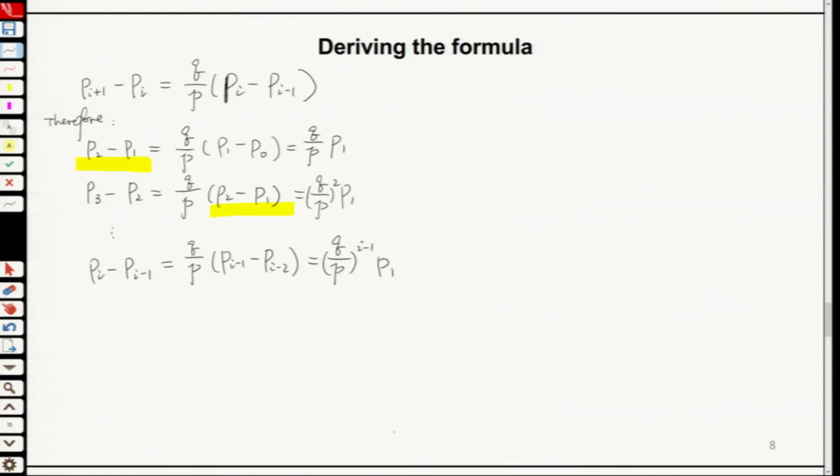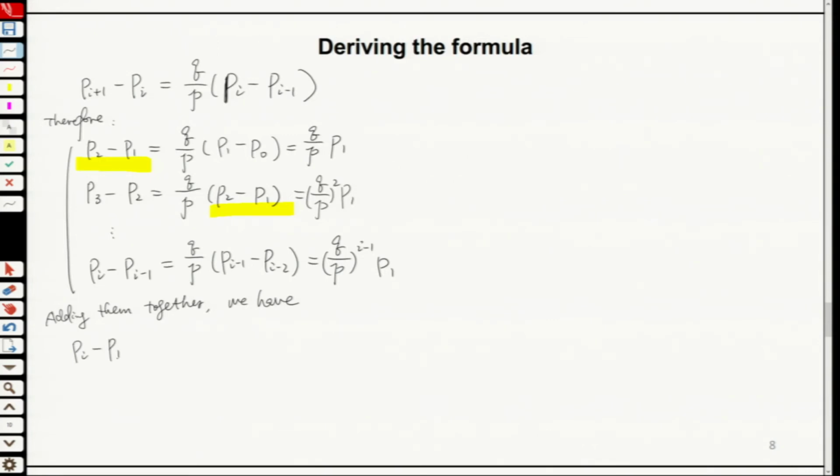So what does this mean to us? Now we add this group together. We have Pi minus P1. You see here, why Pi minus P1? Because P2 cancelled, right?